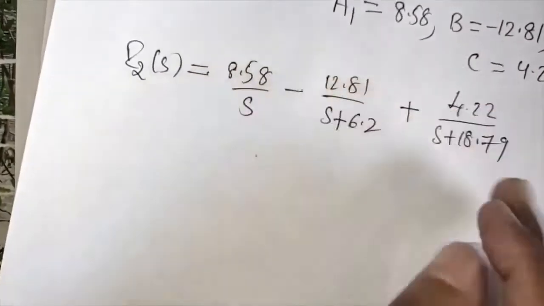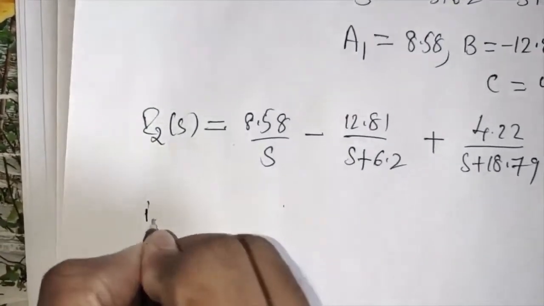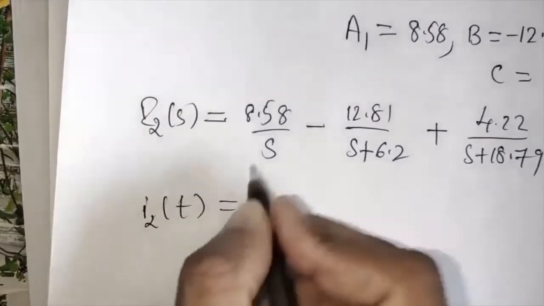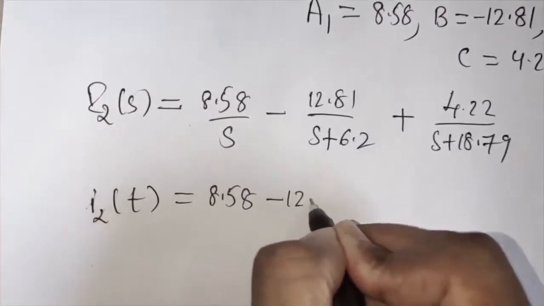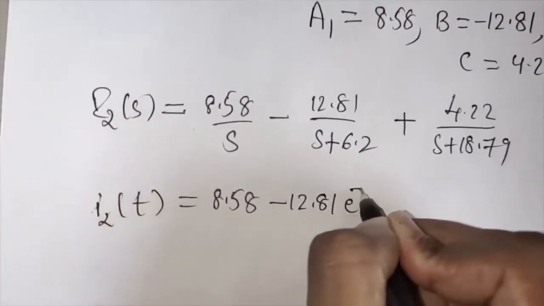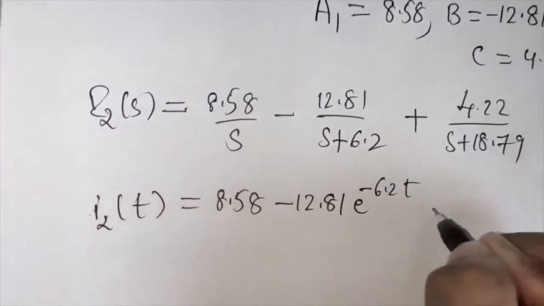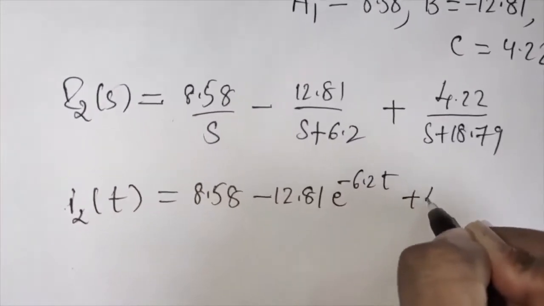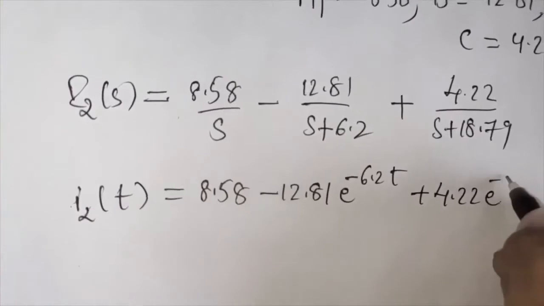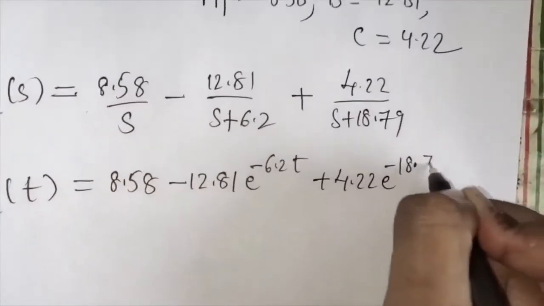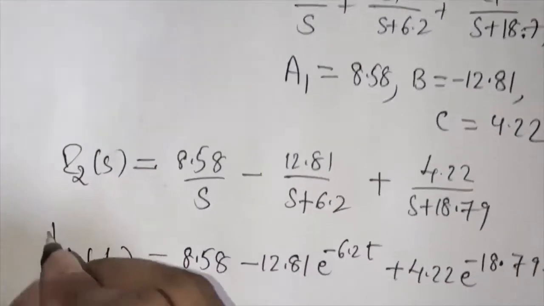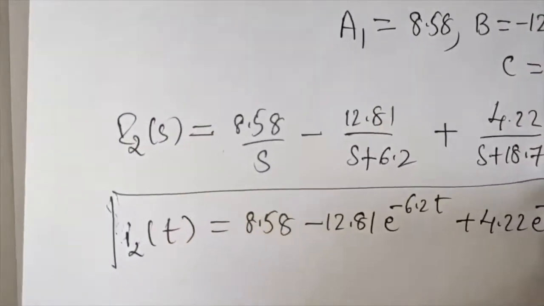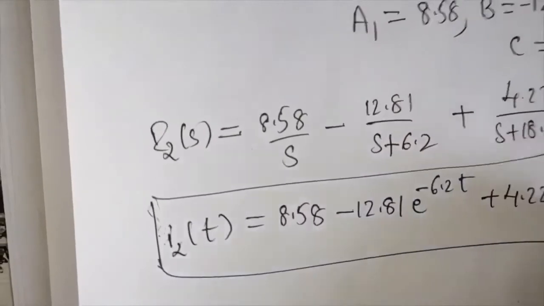On applying inverse Laplace transform, I2 of t is equal to 8.58 minus 12.81 into e power minus 6.2t plus 4.22 into e power minus 18.79t. So this is the expression for the current flowing in the second mesh.